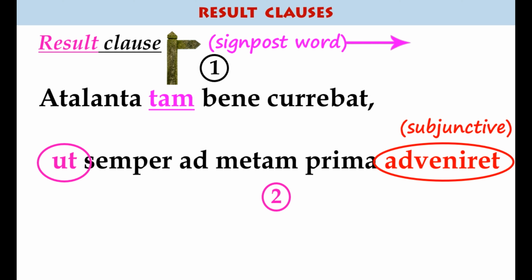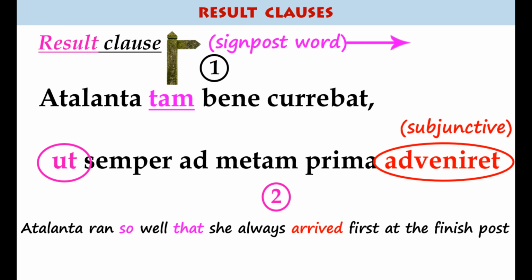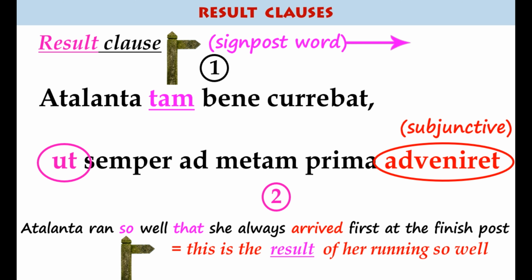It warns you that the second half of the sentence is not going to be a purpose clause, it's going to be a result clause. And so this sentence will be translated as follows. Atalanta ran so well that she always arrived first at the finishing post.